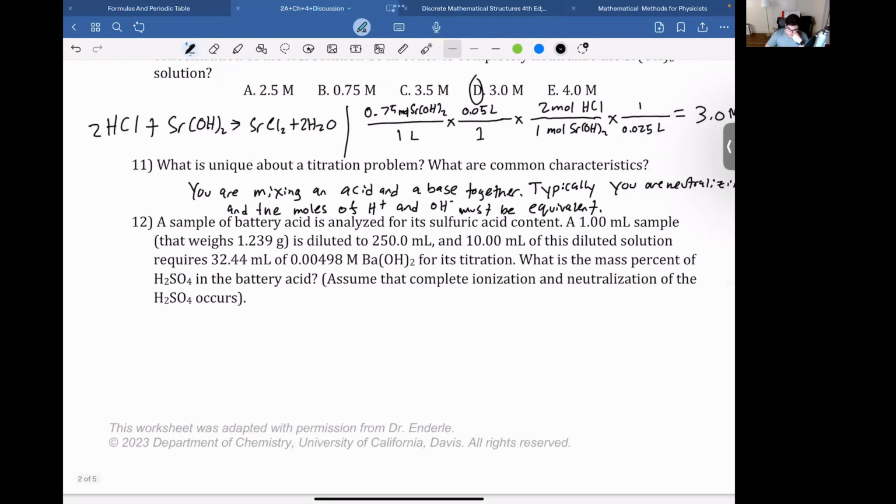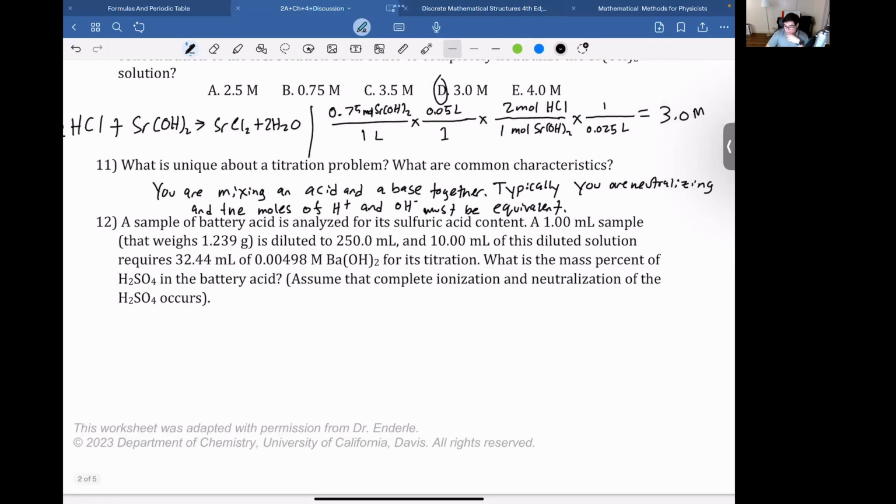12, it says a sample of battery acid is analyzed for its sulfuric acid content. A 1 milliliter sample that weighs 1.239 grams is diluted to 250 mL, and 10 milliliters of this diluted solution requires 32.44 milliliters of barium hydroxide for its titration, so to neutralize it. What is the mass percent of H2SO4 in battery acid?